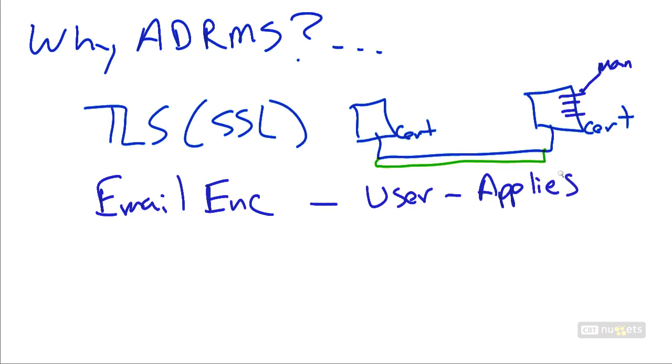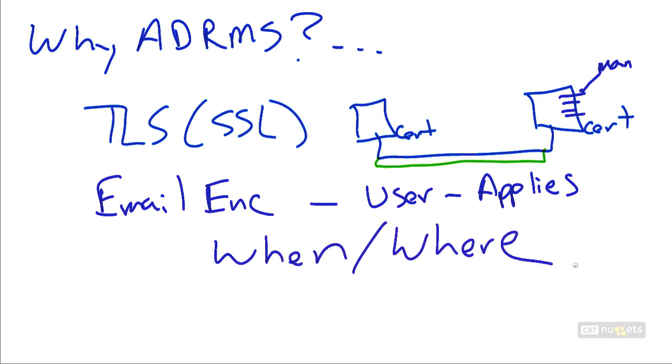So when you want more granular control over mail messages, when you want to have more control over who can see what, when they can see it, and where they can see it, you want to get more into the Information Rights Management side, and AD RMS is one of the products that's used for this.